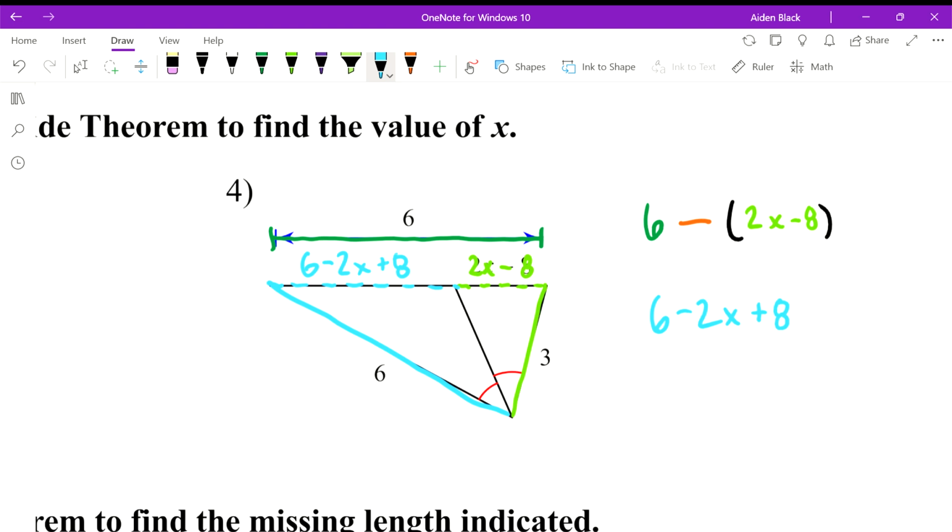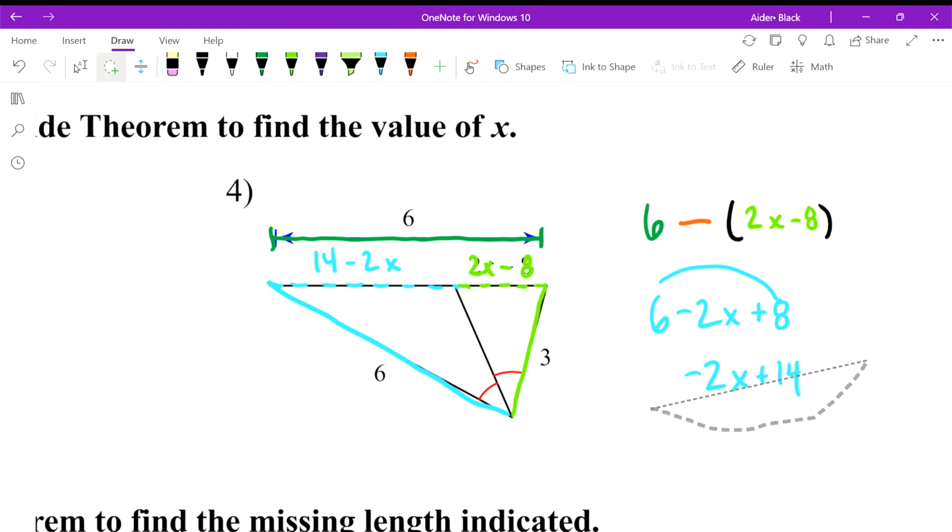Of course, before writing that out, you'll want to simplify. These two terms combine to make 14, so we'll write 14 minus 2x, or you could write negative 2x plus 14. It does not matter.